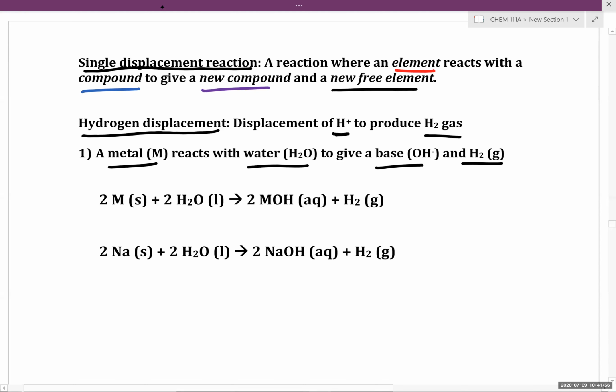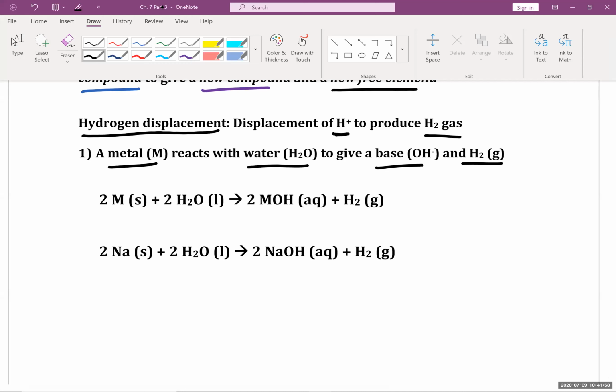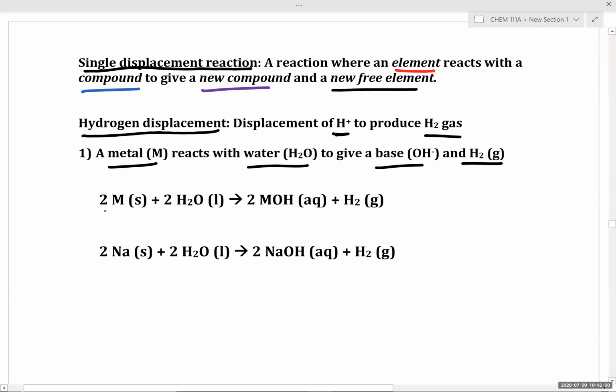So just to showcase what's going on here, we have our pure element metal, and it is replacing hydrogen in our chemical formula.